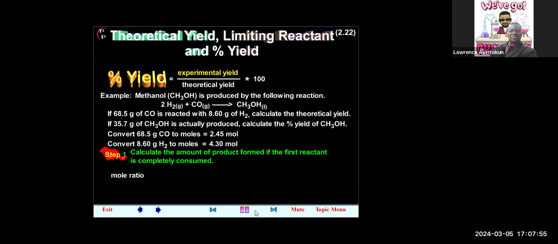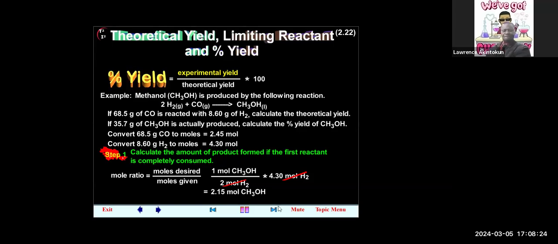Mole ratio is equal to moles desired divided by moles given, which is 1 mole CH3OH divided by 2 moles H2, times 4.30 moles H2, equal to 2.15 moles CH3OH.